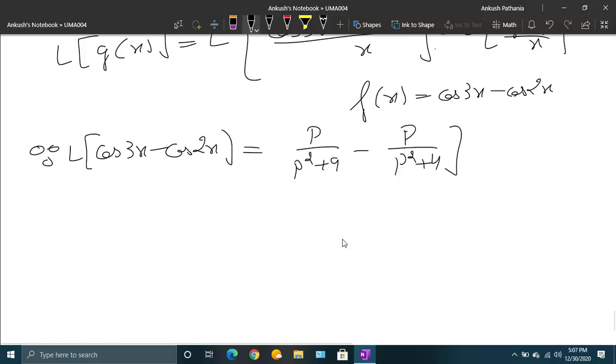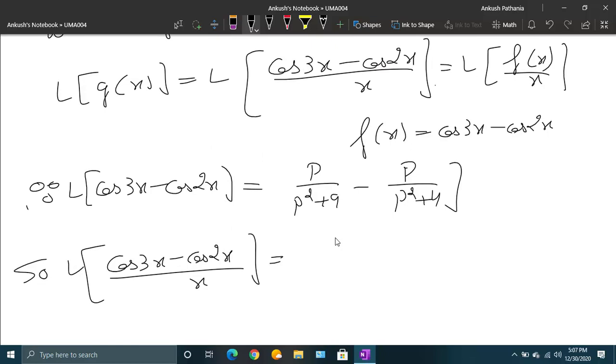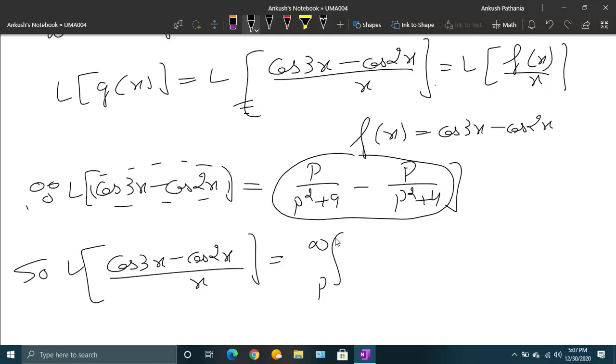So Laplace of (cos 3x minus cos 2x) by x, f(x) upon x, that is what we need here. This is the integral from p to infinity of F(p). This is my F(p). The Laplace of cos 3x minus cos 2x is p upon p square plus 9 minus p upon p square plus 4, dp.